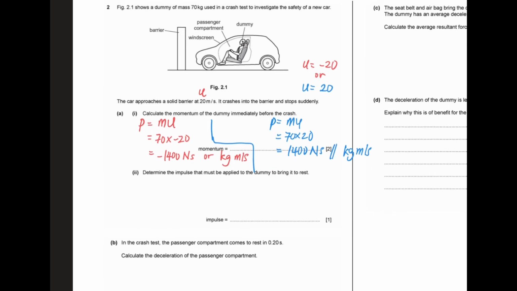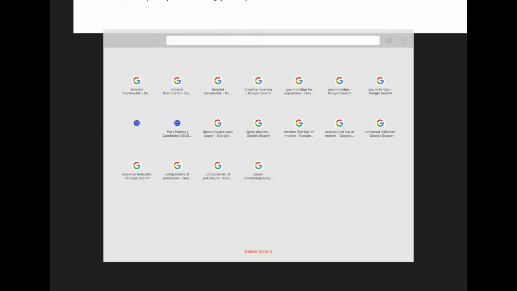I let you see the blue one. Yes, the blue one. They like to put the final answer as positive. So let's take a quick look. This question is taken from 2016 June 41, IGCSE Physics.